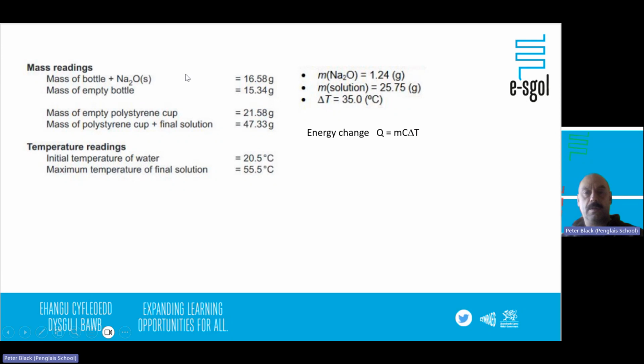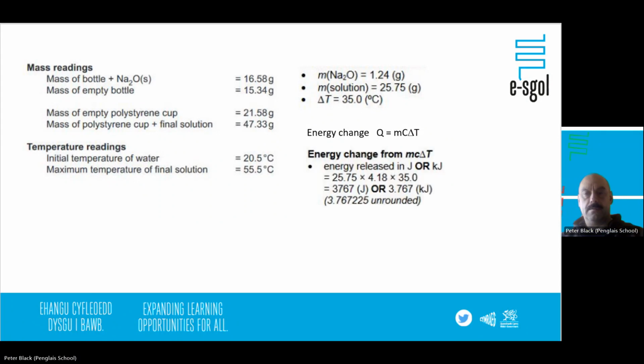So we're going to first of all work out our energy change of the water using mcΔT. I think there should be a lowercase c there, but there you go. So look at your data, and hopefully you've come up with a value of 3,767 joules. Now remember, this isn't per mole. Okay, so the next thing we're going to do then is convert the energy change of the water into the enthalpy change of the system.